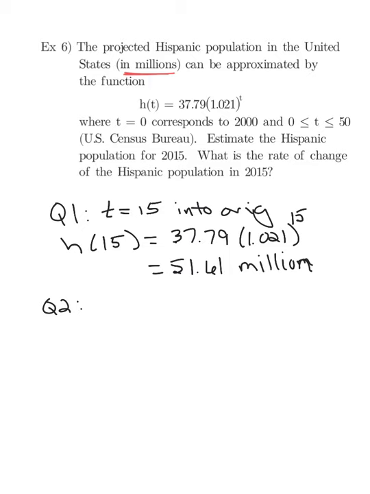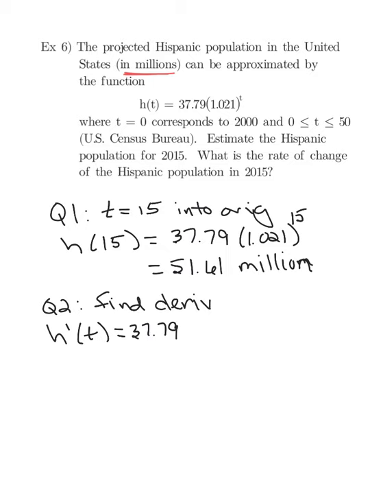Now, question 2 asks us to find the rate of change of the Hispanic population. So that means that we need to find the derivative. So looking at our function, to find this derivative, we have a coefficient of 37.79. So we're just going to keep the coefficient. When I look at this function, this is an a to the u type of function.